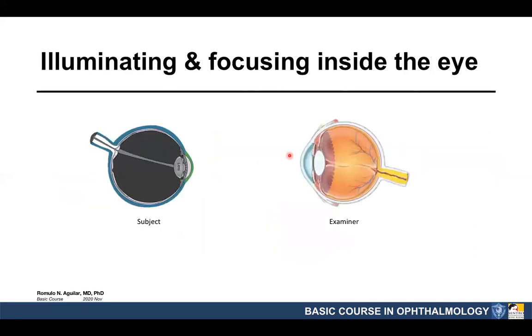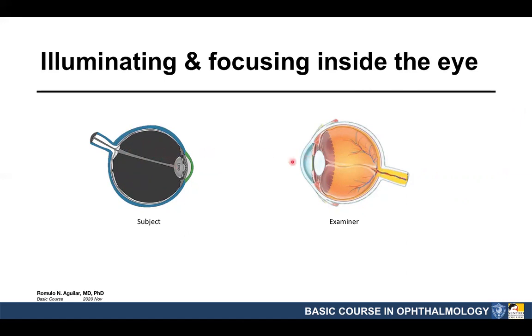How about illumination? We should remember that the eye, in order to see, needs light. I mean, if you turn out the light, then basically you don't see anything. Now, let's also remember that there is no illumination actually inside the eye, so it's dark.